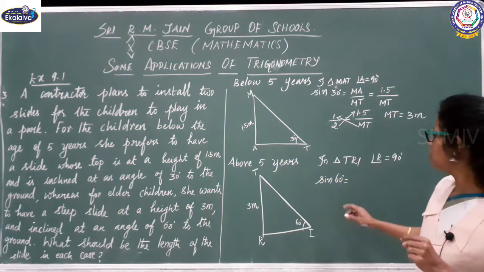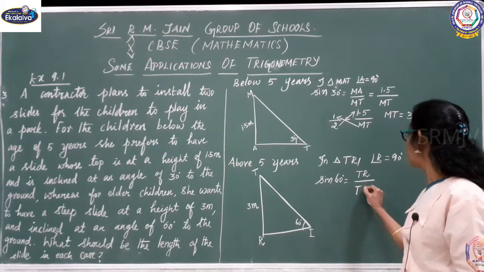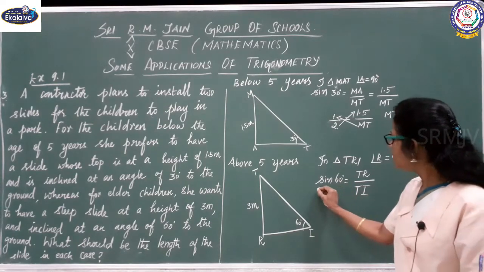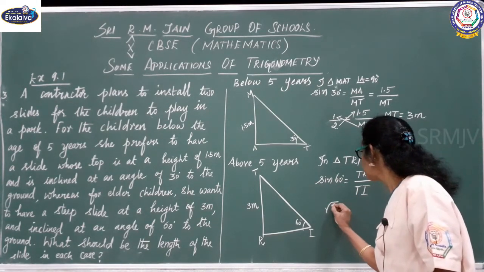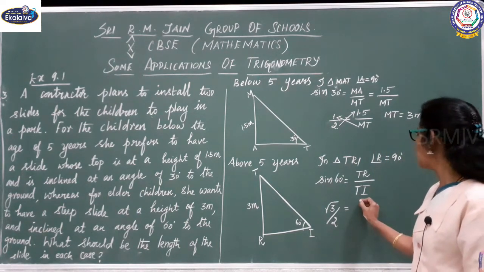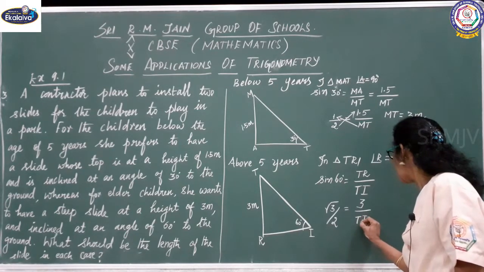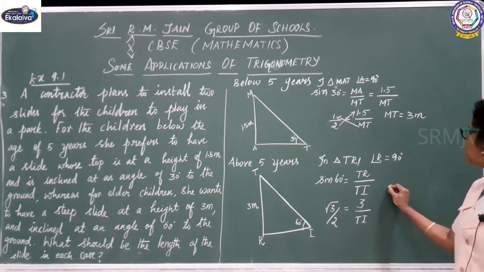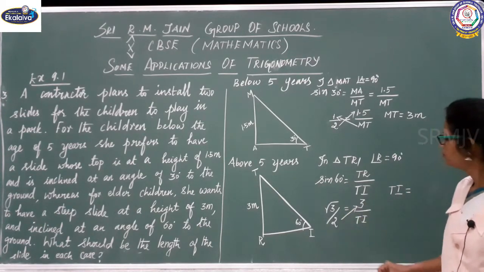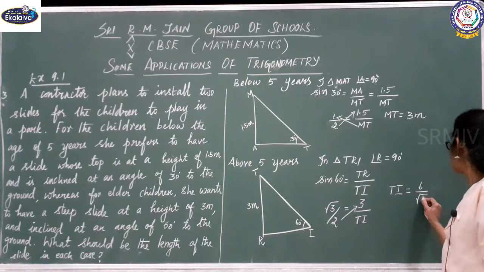Right? Sine 60 equal to TR divided by TI. What is sine 60 degree? That is root 3 by 2 equal to TR is given as 3 divided by TI. Then TI equal to 6 divided by root 3.